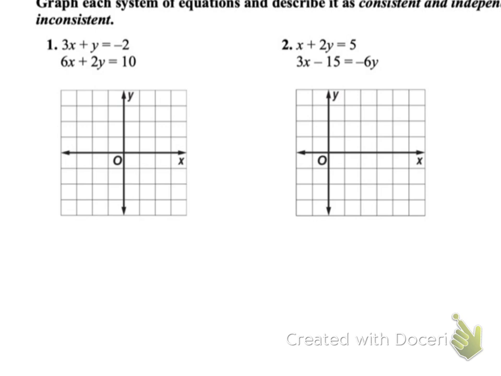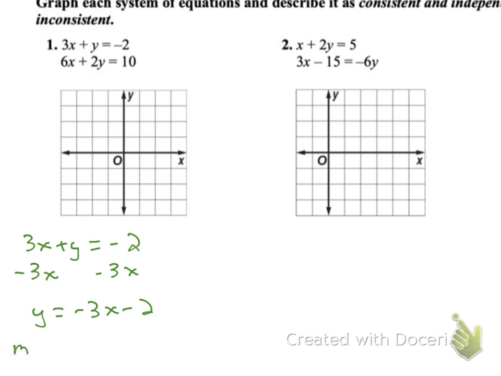Example 1: 3x plus y equals -2. For graphing, I need to isolate the y to put the first equation in slope-intercept form. I subtract 3x and get y equals -3x minus 2.